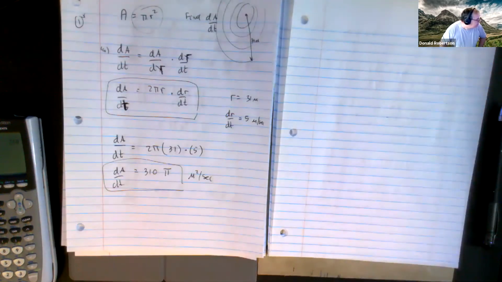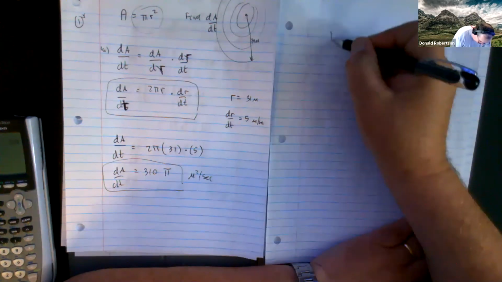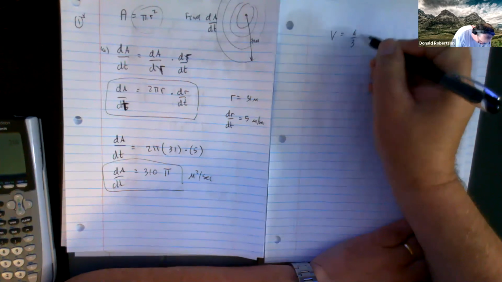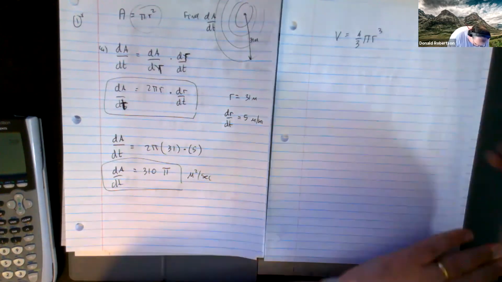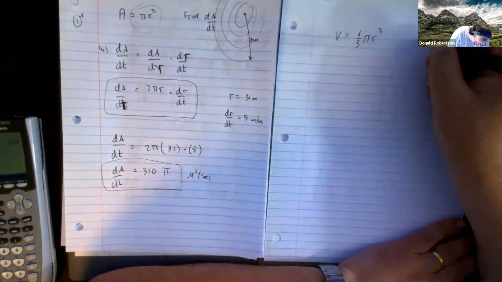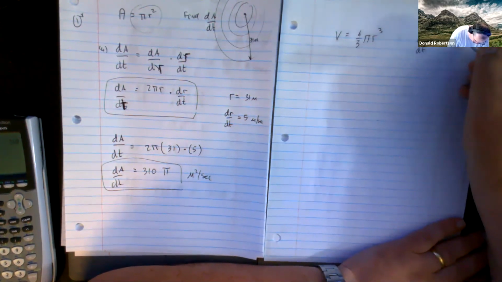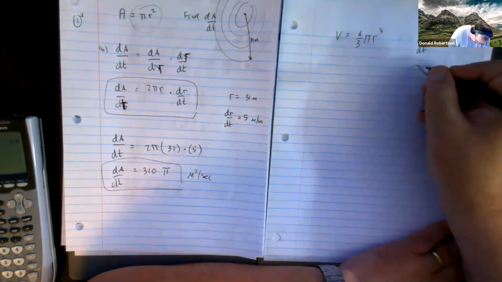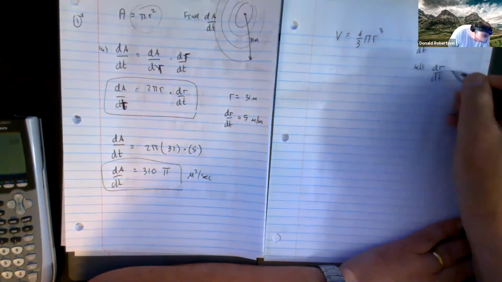Let's do a volume one. Suppose I tell you that fella, and I would like to find the rate of change when r is equal to 2, and I tell you that dr by dt is 10, right?